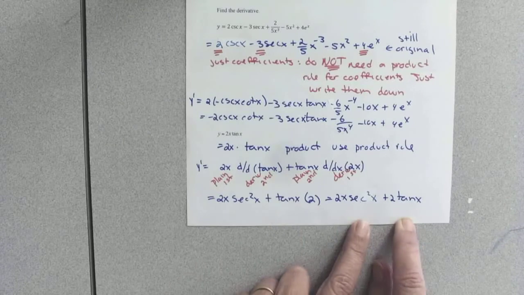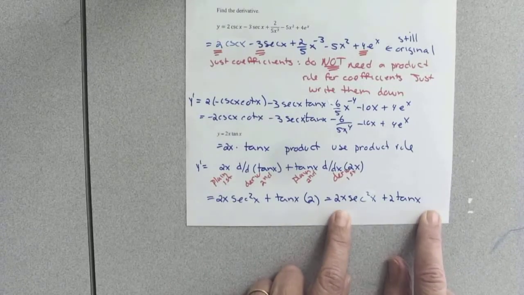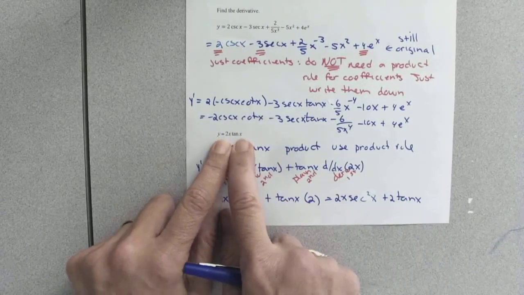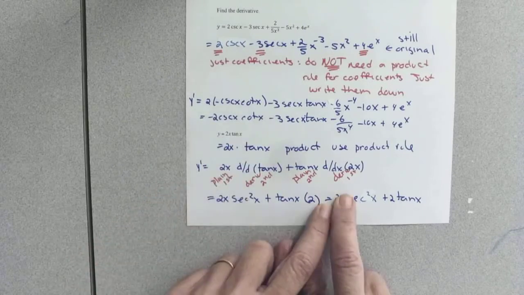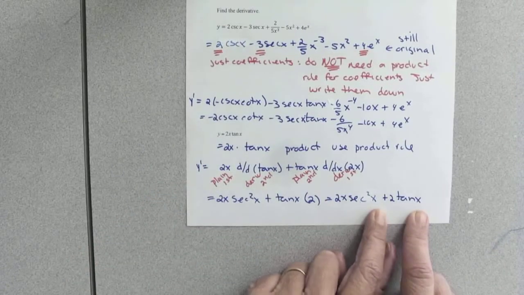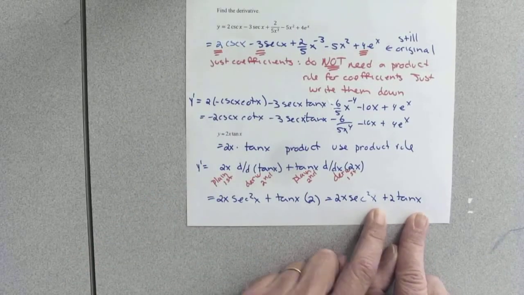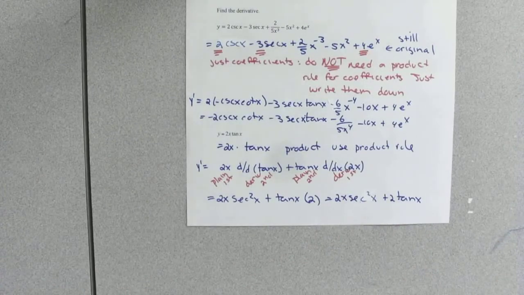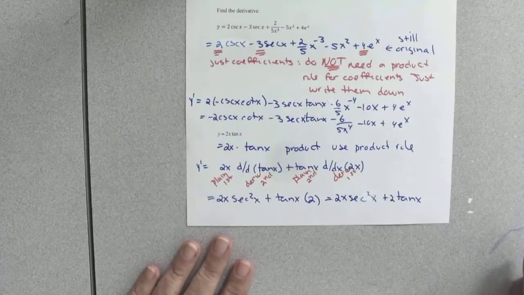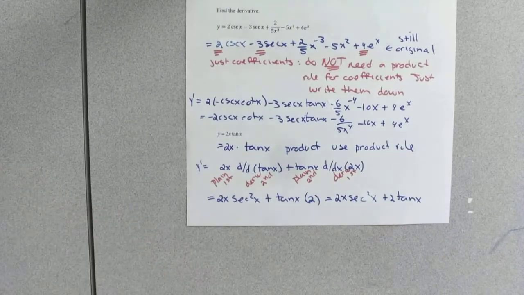And so whenever you do a calculus problem, do a quick check. My angle was initially x. So that means all my trig functions have to have angles of x, arguments of x, unless I did trigonometry. I didn't do any trigonometry. I only did calculus and multiplication.